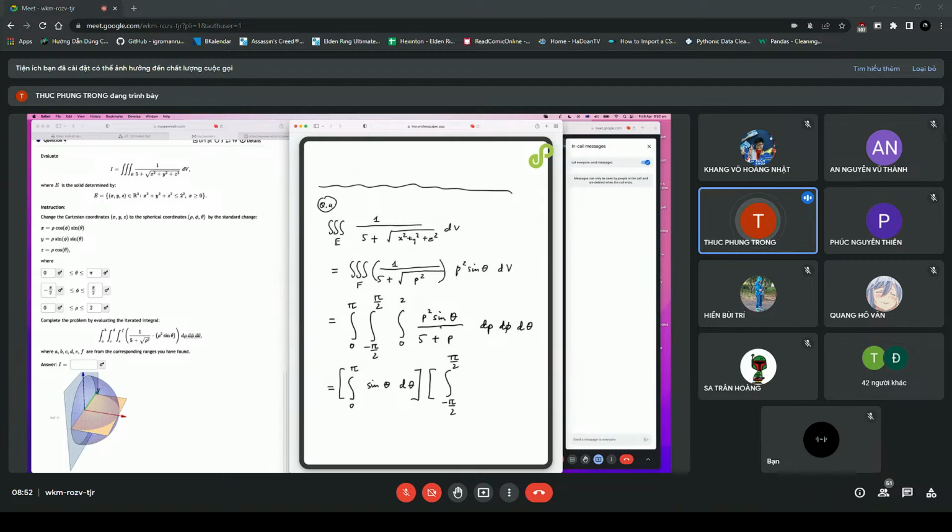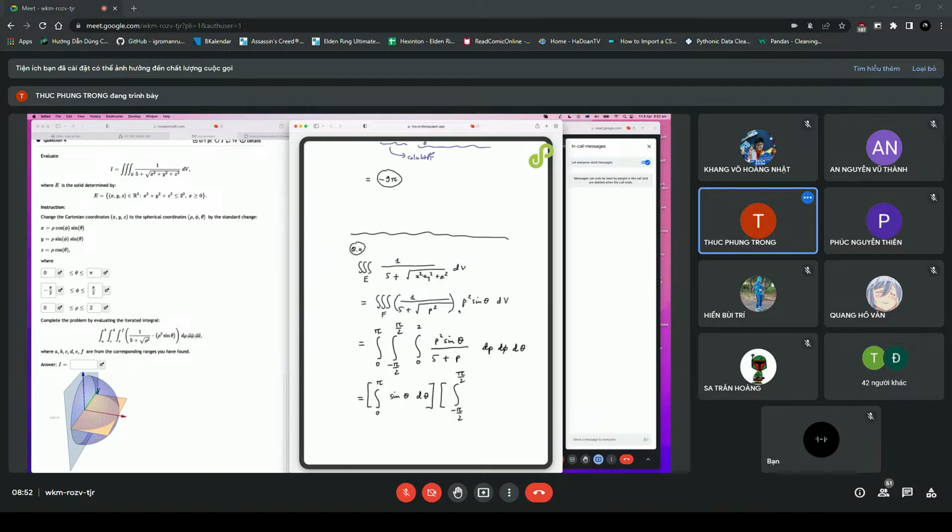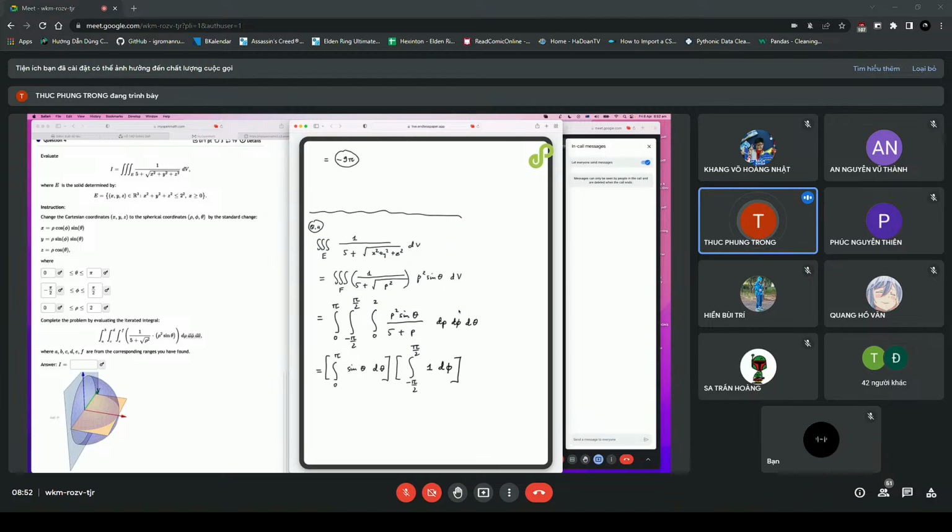Now you don't see any phi in this function. You should think of it as the function 1. So we have 1 right here for phi. And the last one, rho squared plus rho, d rho.